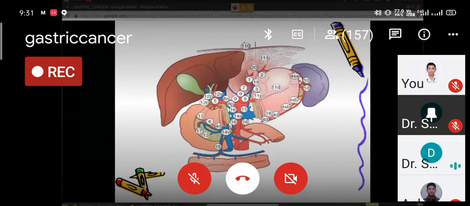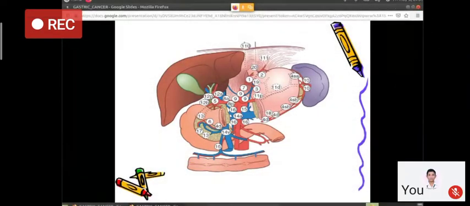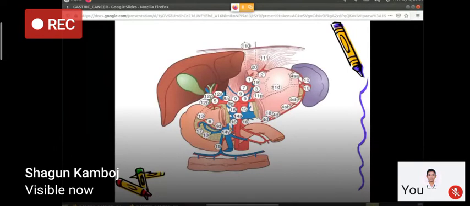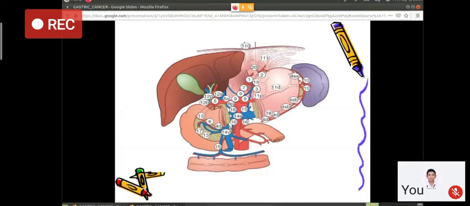Japanese people have dissected the stomach and most of the GITs so meticulously that they are able to diagnose the disease early. If they diagnose early, they know which nodes will be involved in this particular disease, and they take out only those lymph nodes. They have studied the lymphatic drainage so thoroughly that they dissect only the areas which are required, and the rest of the areas are not touched.